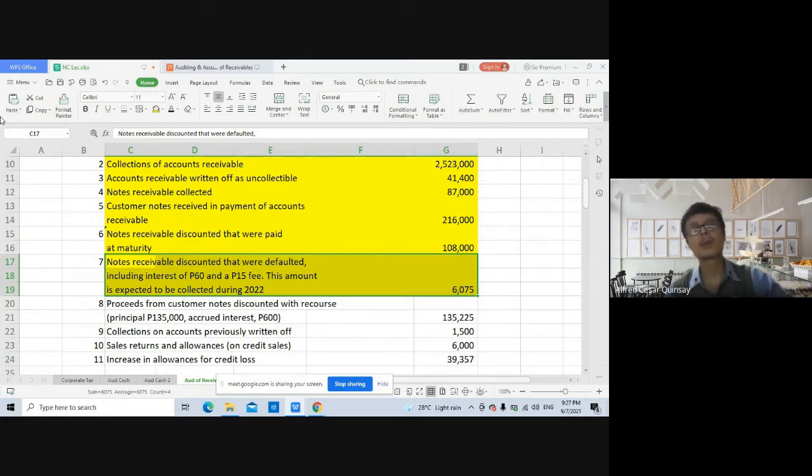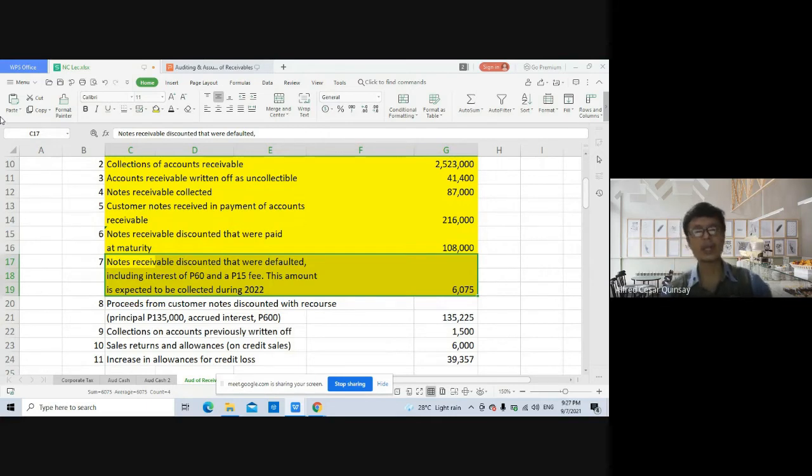Kasi sometimes yung company nag-enter into notes receivable, yung bang receivable financing para lang mapabilis yung collection, para mapera na nila, no? Okay, so pinapa-discount nila ito sa bangko or any financial institution, no? So kaya kina-classify as notes receivable discounted, no? So tinatanggal yung portion doon na diniscount from the notes receivable, no?